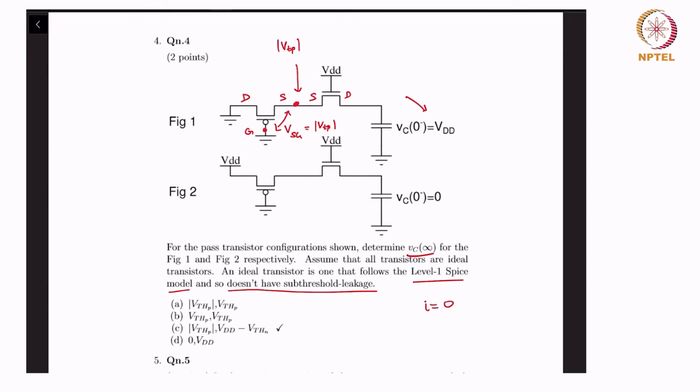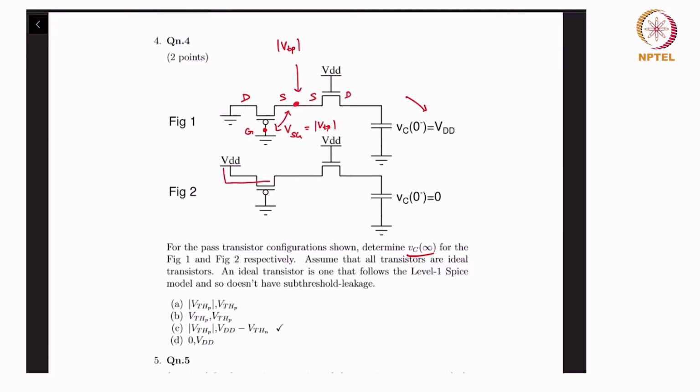I equal to 0 for VSG less than or equal to mod VTP in the case of a PMOS. So there is no subthreshold leakage is the point. So the figure 1 answer is mod VTP, and in figure 2 it's a similar process.